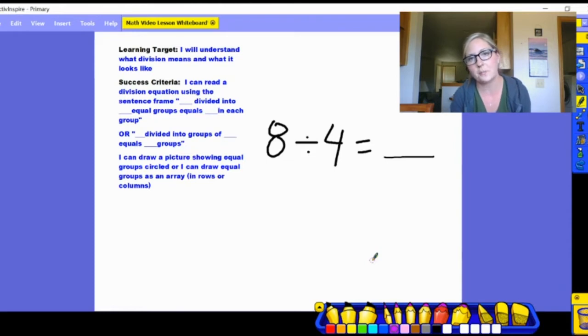Or how could you draw a picture showing a total of 8 split into 4 equal groups? And then think about how many groups of 4 you have or how many are in each group. Go ahead and try to draw a picture and think about how you would read this equation with words, and we'll talk about the answer in a second.